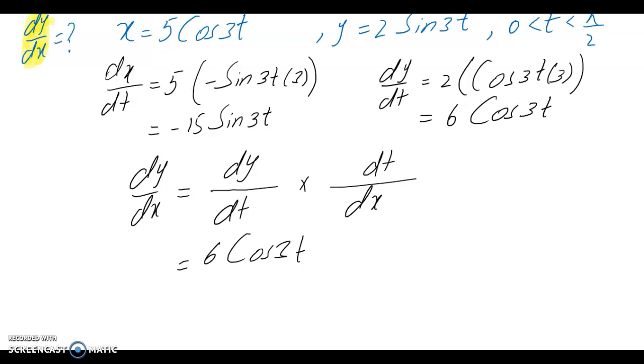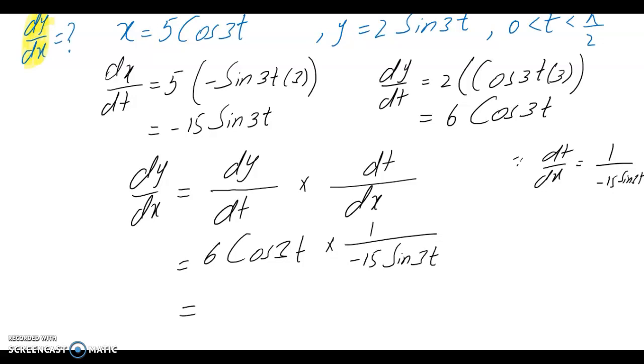To find dt by dx, we need to reciprocate, so this becomes 1 over minus 15 sine 3t. Now plug this in and simplify a little more.